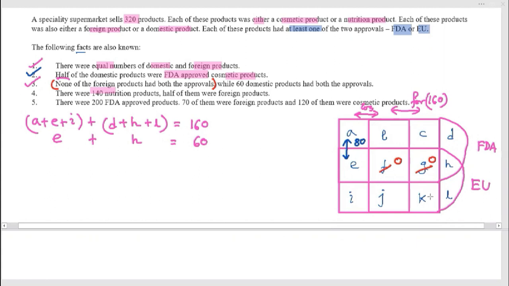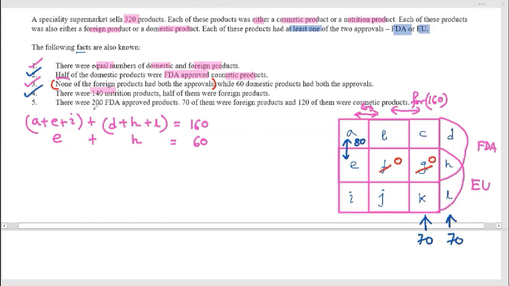Half of them were foreign products. Foreign product is this half. So one interesting thing has appeared: this entire row, a column, is half of 140, that means 70, and this one is 70. These two columns have been given. So this is our point number 4 taken.